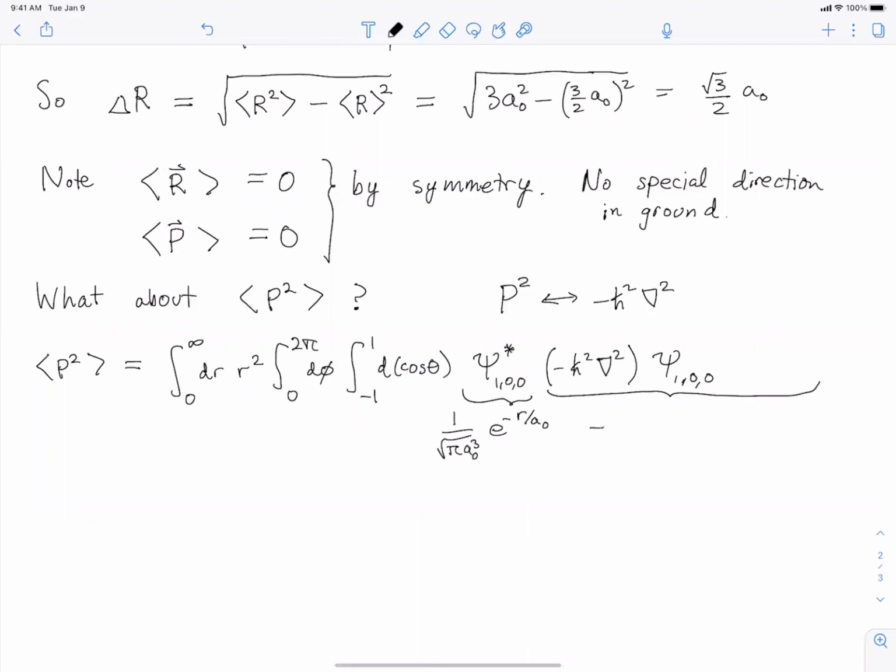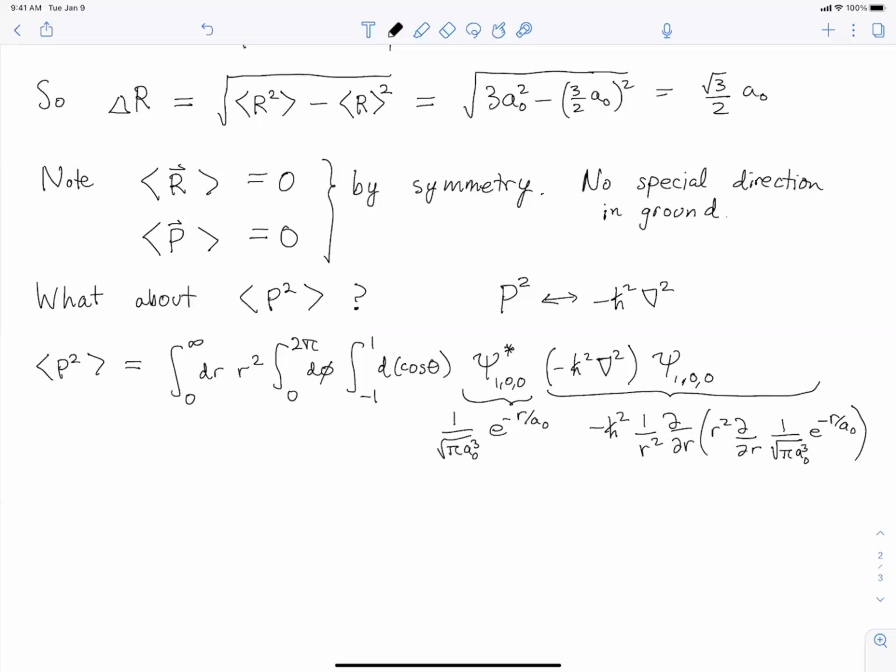So there's a minus h bar squared. The Laplacian has a factor 1 over r squared, partial r, r squared, partial another r, 1 over square root pi a0 cubed, e to the minus r over a0.